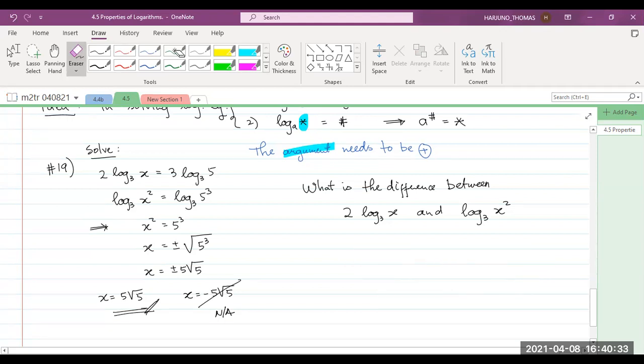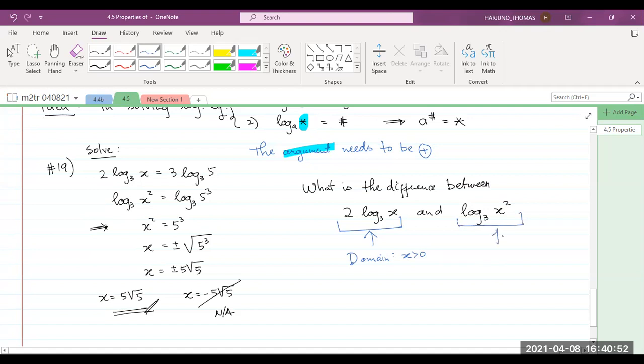What I meant to say is this. If we take a look at this expression here, the domain is x greater than 0, right? So x can only be positive. But how about the one here?